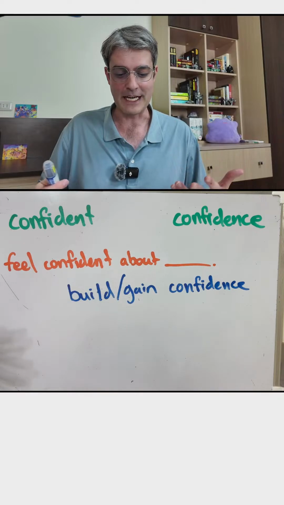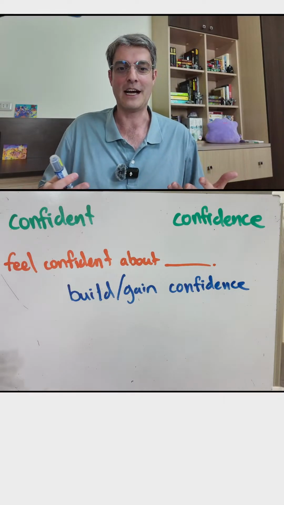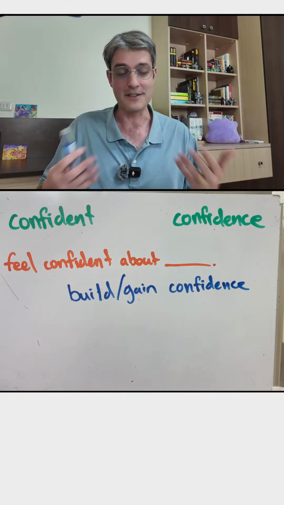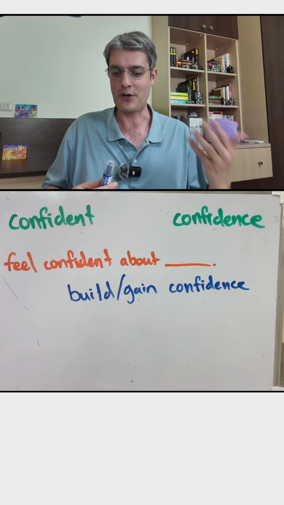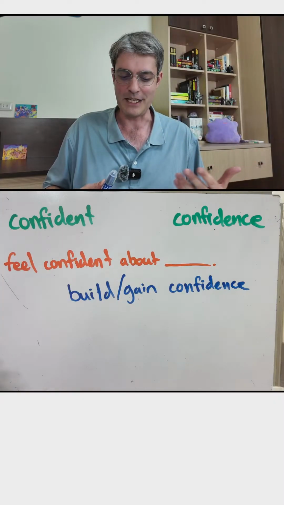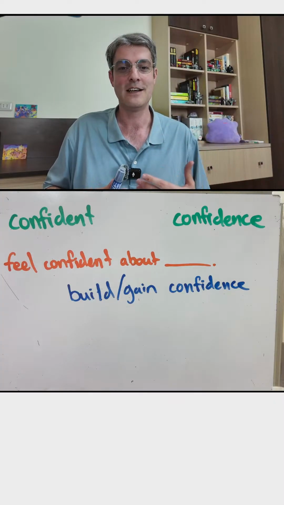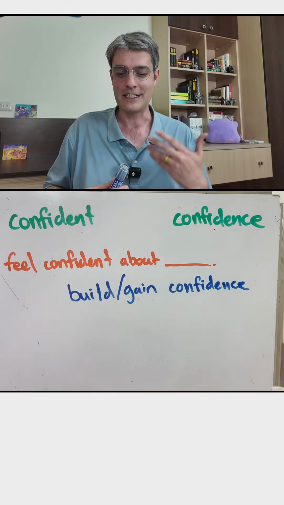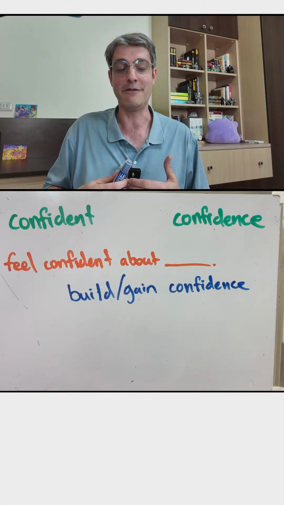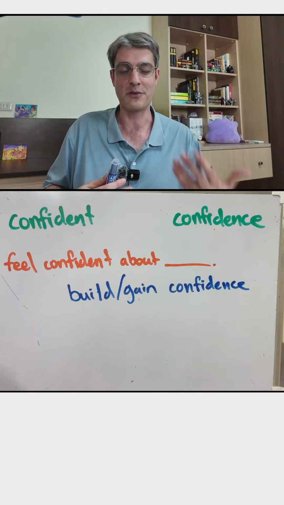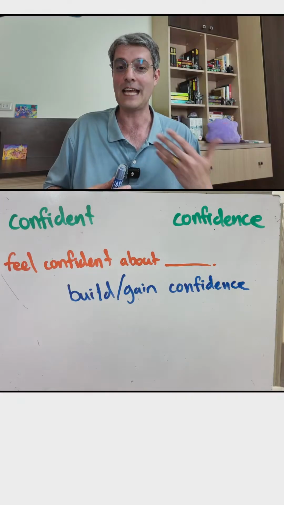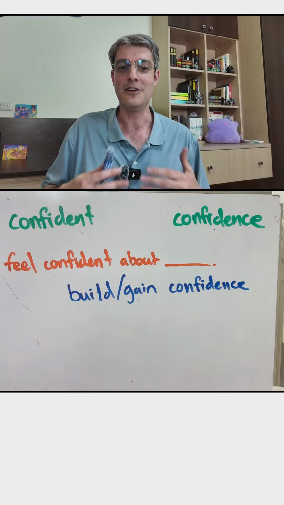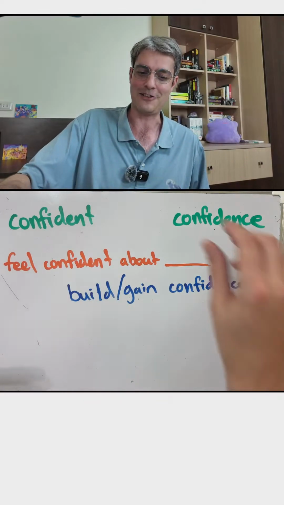So students might ask, how can I build my confidence? And there's some things you could do. Maybe you can practice talking in front of a mirror. That can help build your confidence. Or you can join some competitions so that when a very important one comes, you've already practiced enough times that you've gained enough confidence that you'll do well when it really matters.